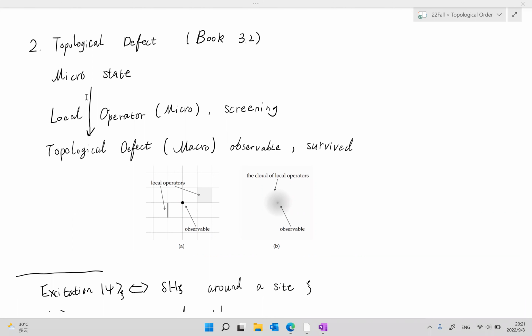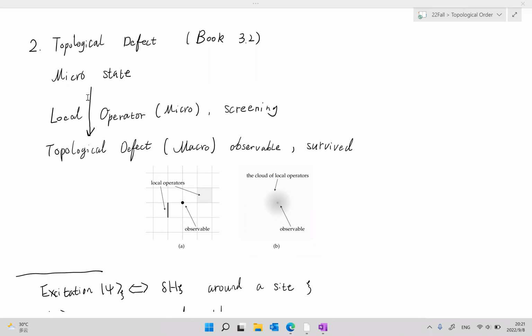We start from a microscopic state, and in the microscopic state we have some local operators. What do you mean by local? Local, I think, is something very, very small compared to the macroscopic scale, and when we go to the thermodynamic limit, it should have some definite upper bound.